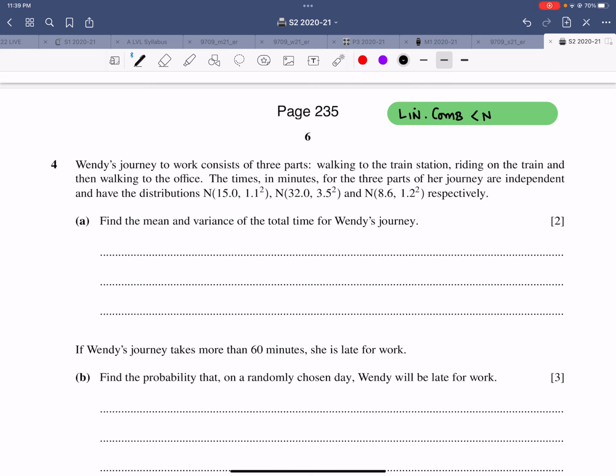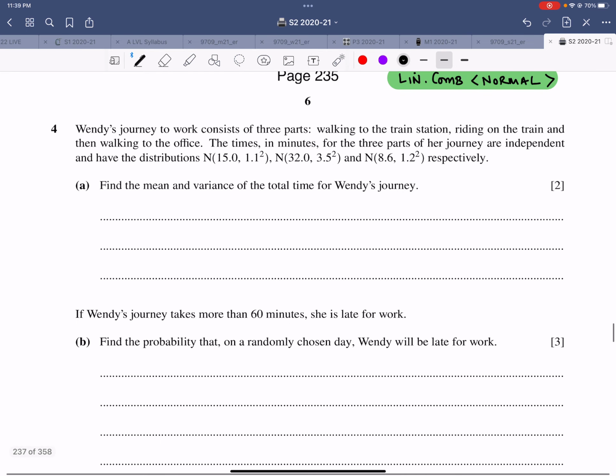Now the question says, Wendy's journey to work consists of 3 parts. There is a walk to the train station, a ride on the train, and then a walk to the office.